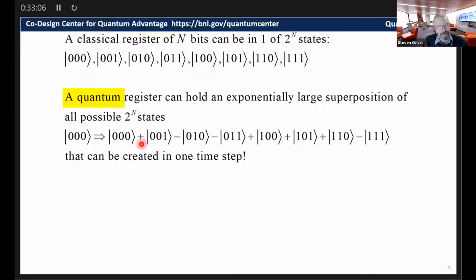They could have different magnitudes and phases, but you can see here that I have to choose plus and minus 2 to the n times. So already there's 2 to the 2 to the n choices. So it takes a lot of numbers to specify a state. And you can create these states very efficiently in a single time step on a quantum computer.